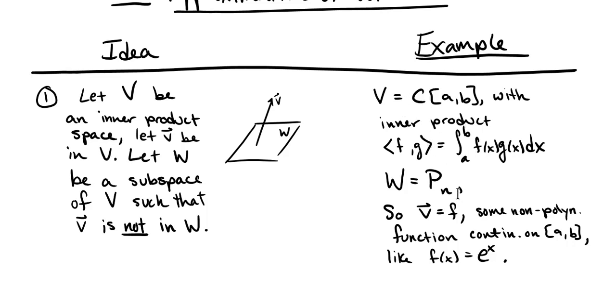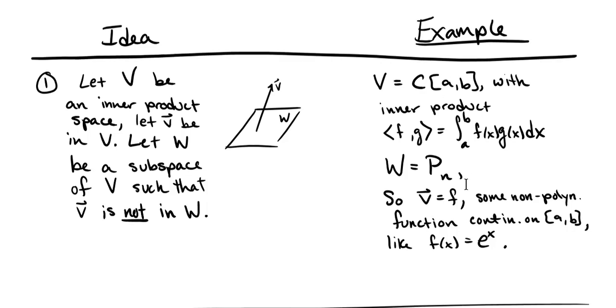Turns out you could let that be a polynomial, but it's more interesting to think of the case where f is not in W. So in this case, if W is the space of polynomials of degree n, f would have to be some non-polynomial that's continuous on [a, b], for example, e to the x. That's continuous on any interval a to b, but it's not a polynomial. It's in C[a, b], but it's not in this subspace W.